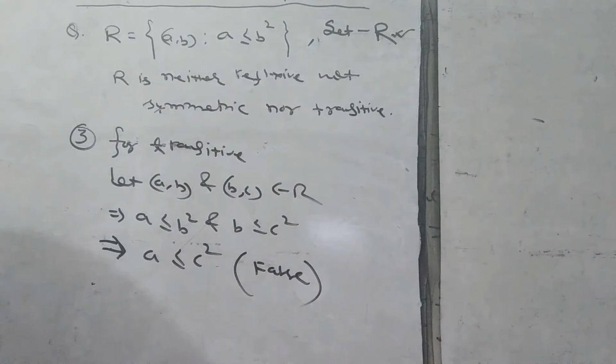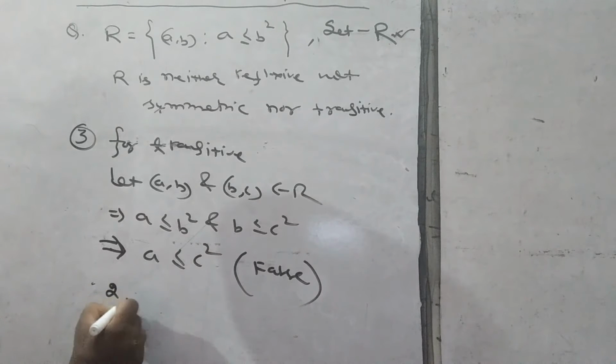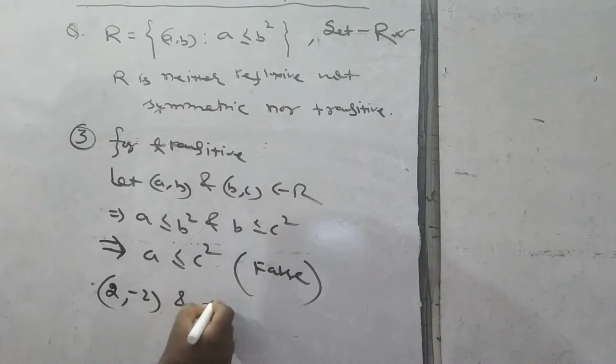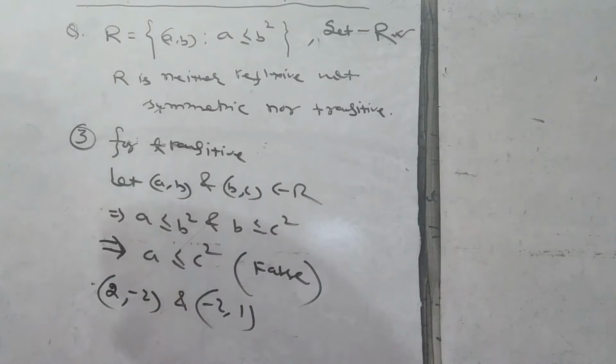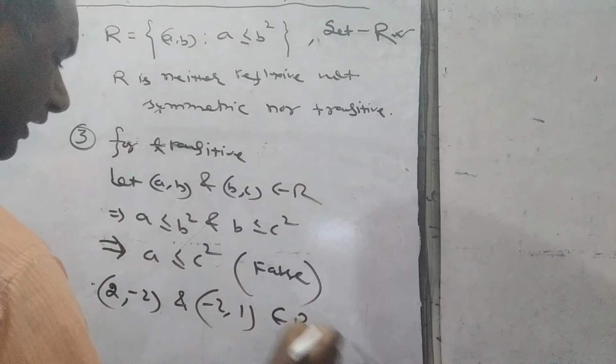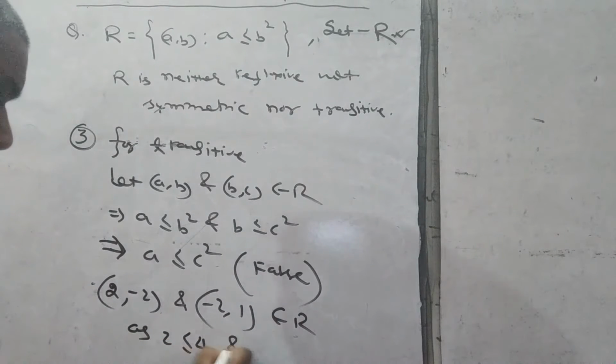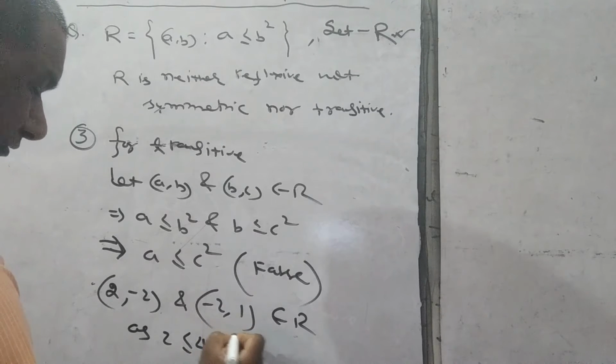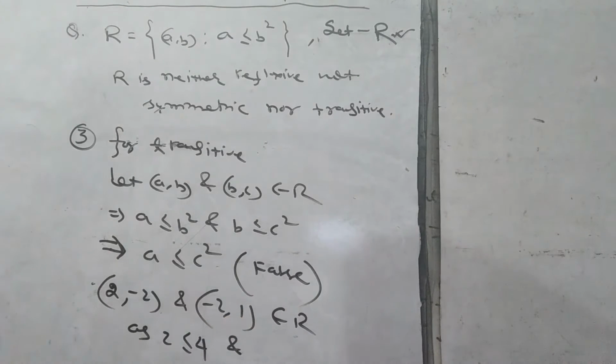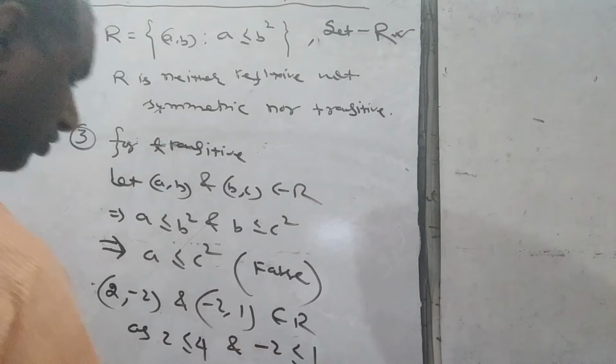So how can you frame a solution? How can you give the example? Let us take (2, -2) and (-2, 1). (2, -2) and (-2, 1) belong to R as 2 is less than or equal to 4 and -2 is less than or equal to 1.